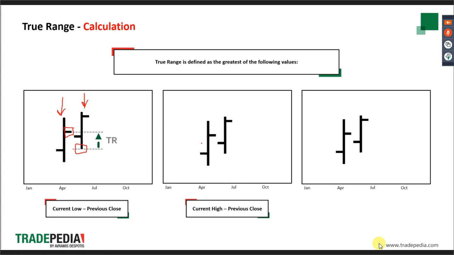For the next one, we have our current high, which is right here, minus the previous close, which is right here. The last one is the current high minus the current low.